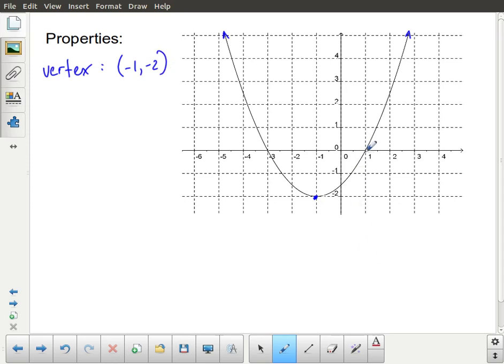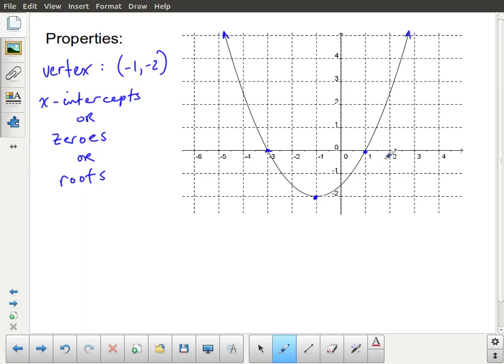You might look at other important points. In this case, this isn't always the case with a parabola, but in this case we have intercepts. These are x-intercepts. And this is worth noting because x-intercepts are also known as the zeros of the parabola, or they are also known as the roots of the parabola.